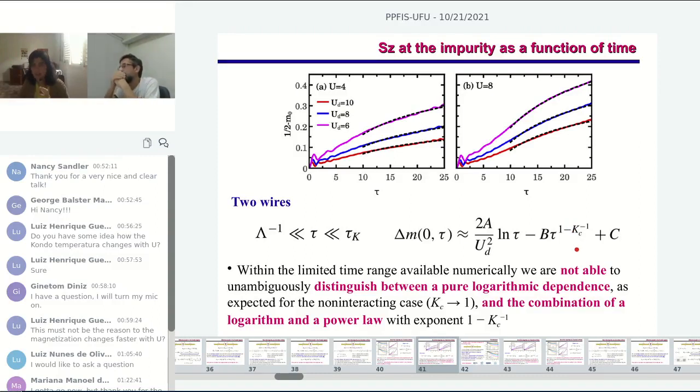But unfortunately, since we do the numerical calculation, we cannot go later in time, so we just have a limited time range, and then we cannot distinguish between a situation where only this first term is more important, or both terms are contributing to the final result. Okay, so although we get some dependency with Kc, when we compare with the numerics, maybe the most important dependency with U comes from this first term over here.